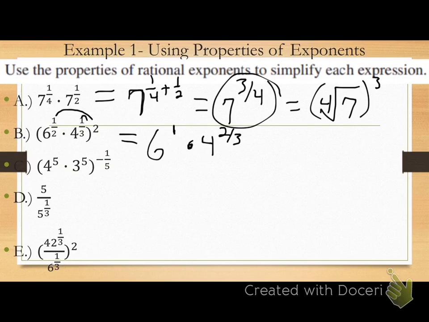Remember, I have to have the same base in order to be able to add the exponents. So I can just leave it like this because this is my expression simplified. Or, if it wanted a more specific answer, you could type it in your calculator to give a decimal form of the answer. Okay? Questions on B?